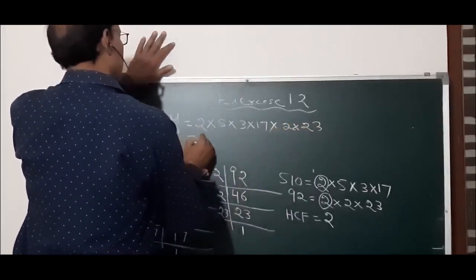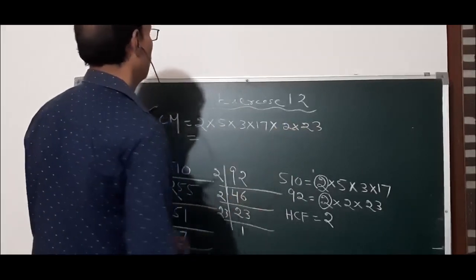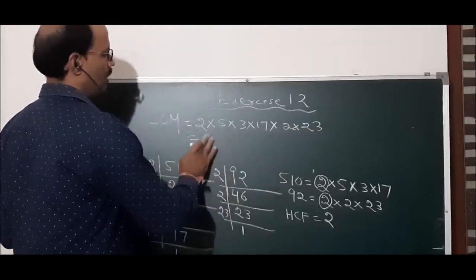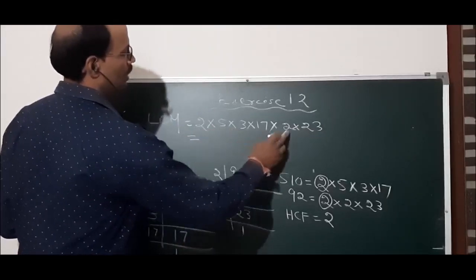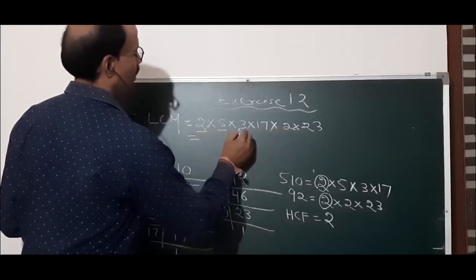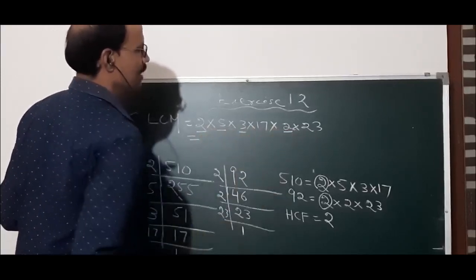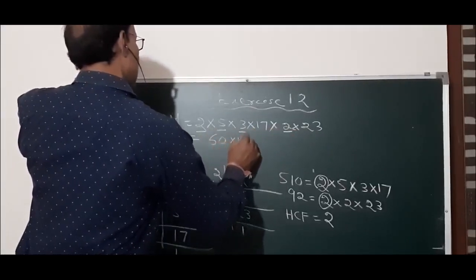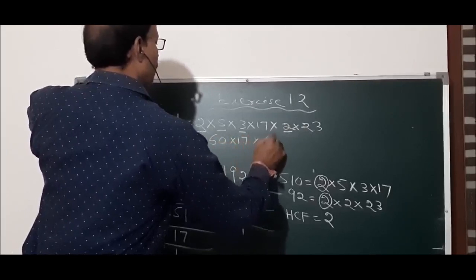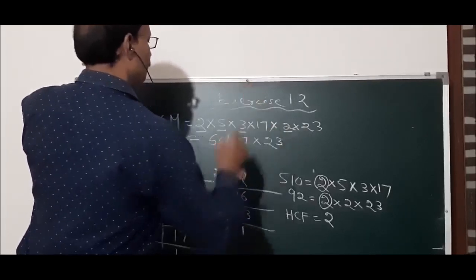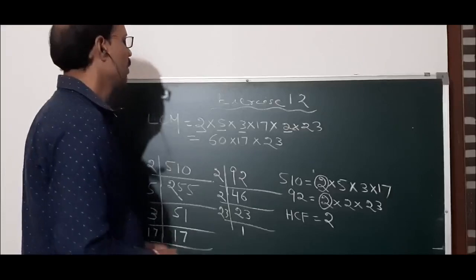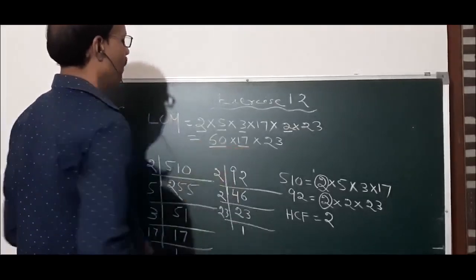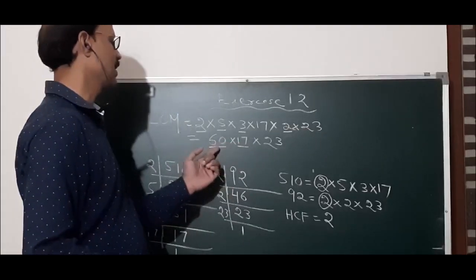So let's multiply this. 2 5s are 10, 10 3s are 30, 30 2s are 60. So now 60 multiply 17 multiply 23. Okay. So now multiply 60 with 17. So just multiply 17 by 6.